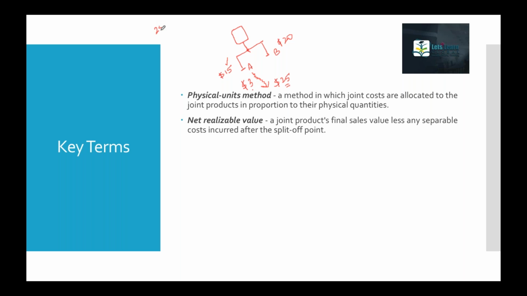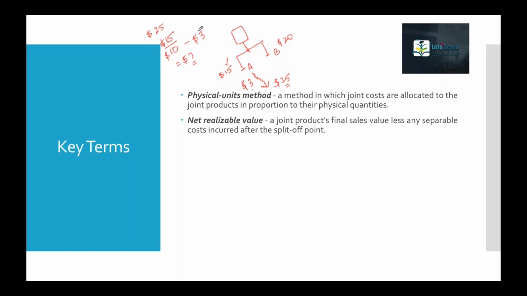We are getting $25 after further processing, but we used to get $15 before further processing. Therefore, the additional benefit is $10. But to get the additional benefit of $10, we need to spend an additional cost of $3. So the net benefit will be $7. As long as the net benefit is positive, you can go ahead with this.